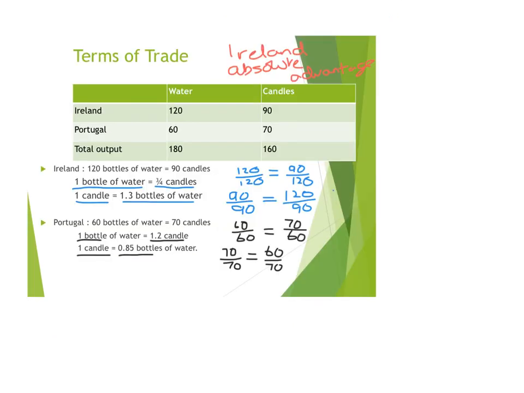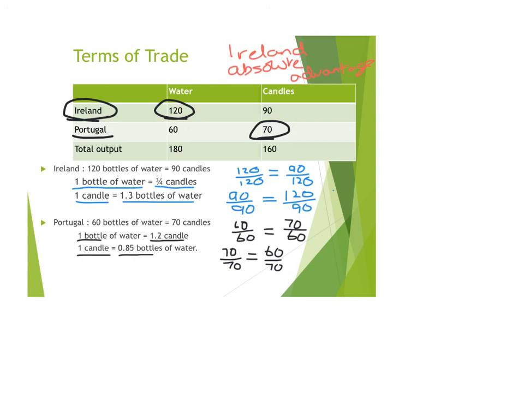So what can we take from that? Well, Ireland, what they're going to produce is water, because their opportunity cost is less. It's only 3/4 of a candle. Whereas Portugal, they're going to produce candles. And both countries then will trade for the good that they don't produce.